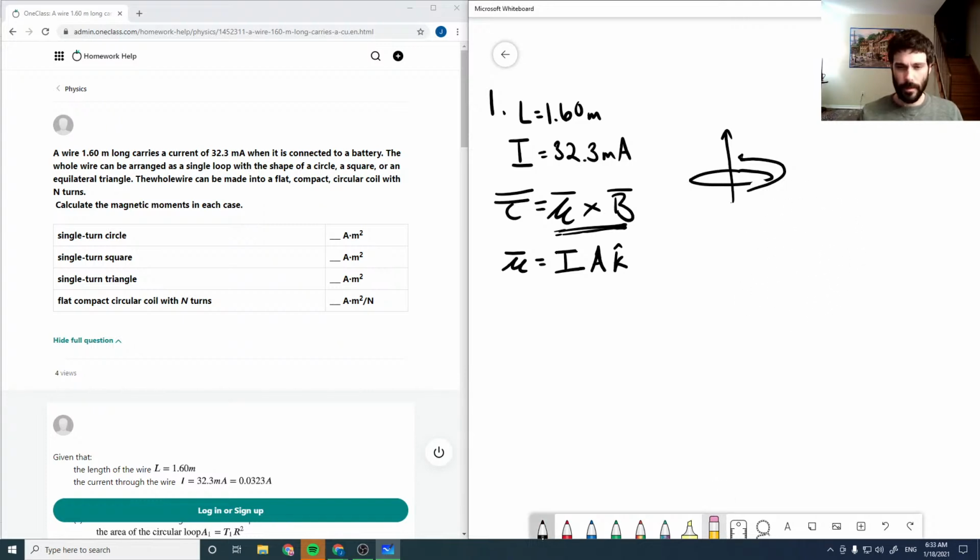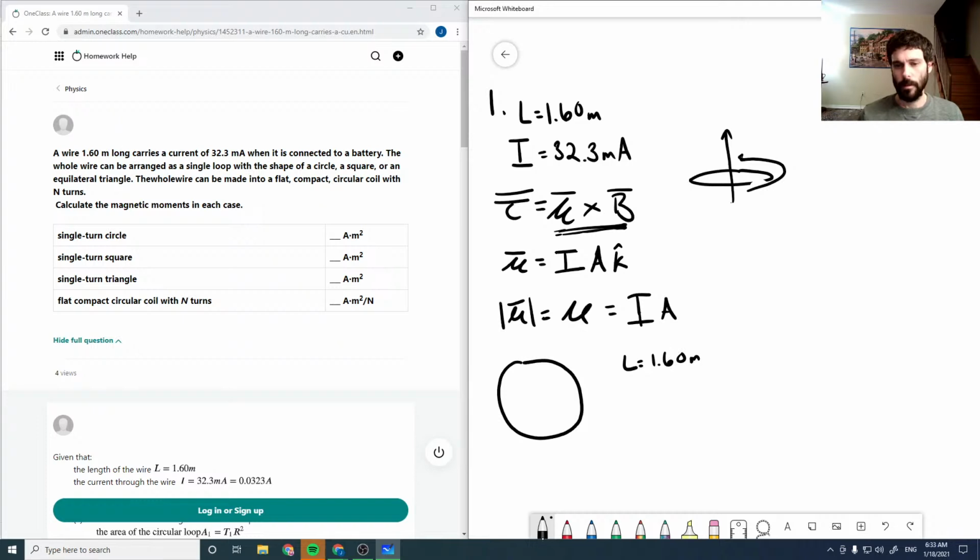All right, but the magnitude of our magnetic moment, which I'm just going to call mu from now on, is just IA. So for a single turn circle, our length is 1.60 meters.